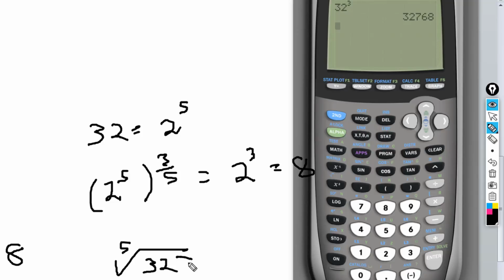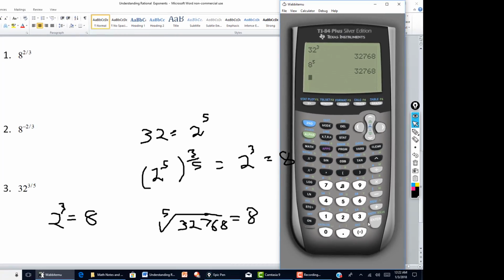And the 5th root of that is 8. Let's confirm it by using the calculator. 8 taken to the 5th power is 32,768.